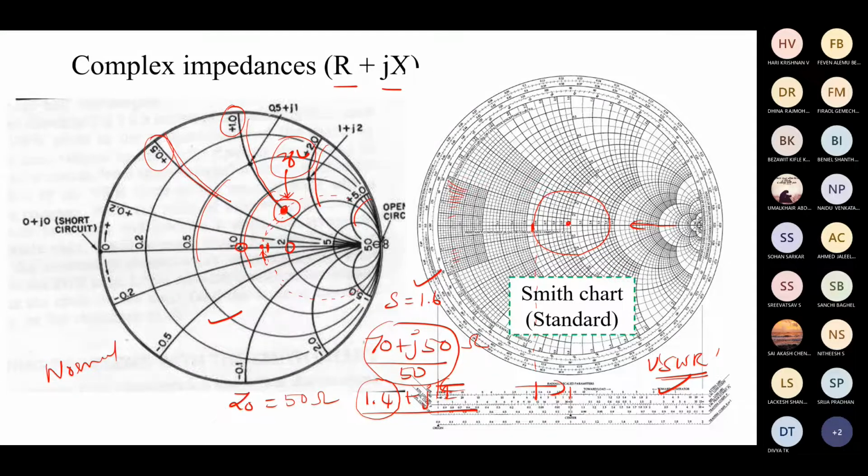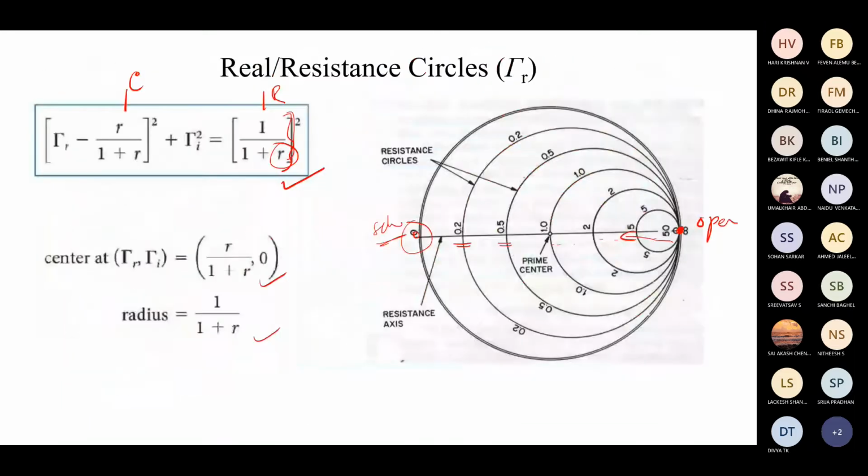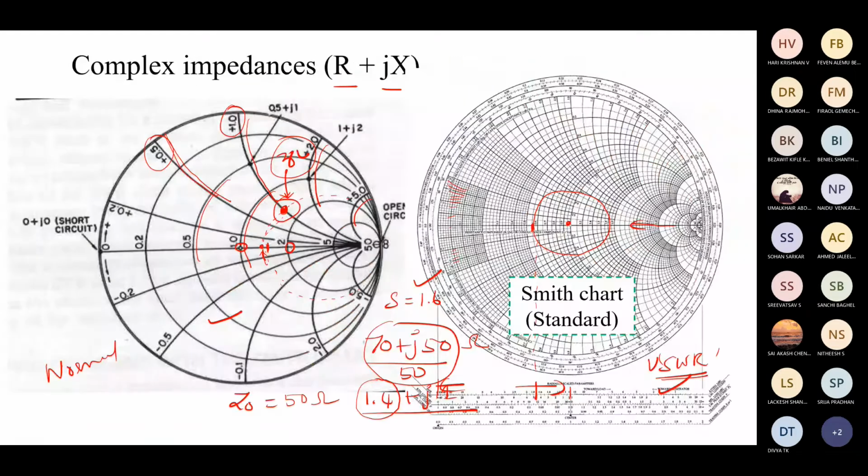So by the way, we can easily put everything. Instead of calculating every time using this set of equations, the Smith chart directly helps us to map the impedance, reflection coefficient, and standing wave ratio all together in one single system.